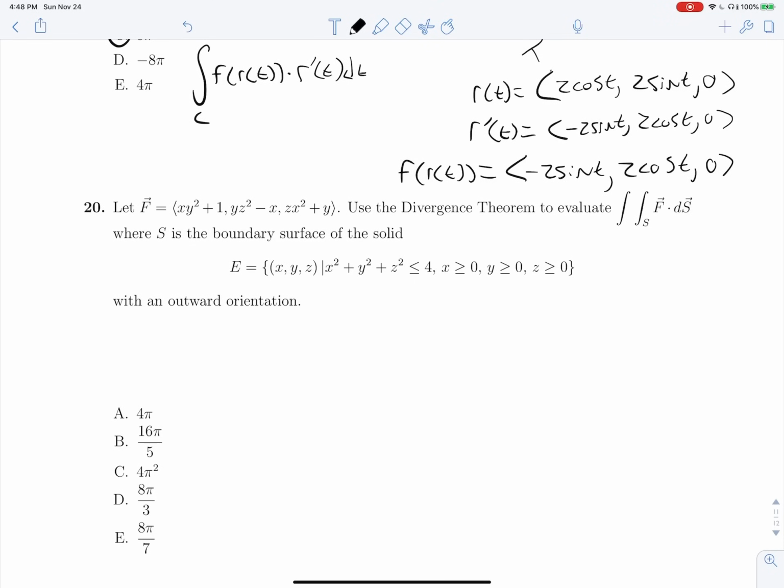Okay, we're using the divergence theorem to evaluate the double integral of f dS, where S is the boundary of the solid. Some of the time, they will not tell you to use the divergence theorem, and you'll have to realize that it's a divergence theorem question, by the fact that it's question 19 or 20, or by the fact that they say a solid region or a bounded region or the solid boundary.